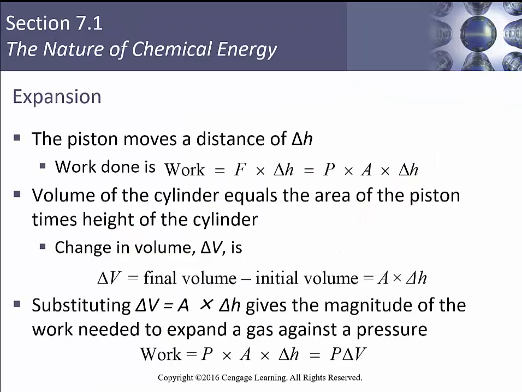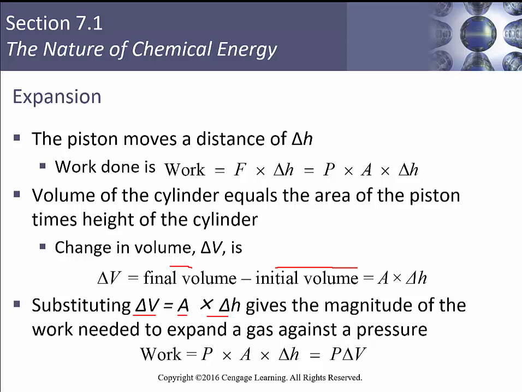So our piston is going to move a distance delta H, or D. So our work is going to be force times delta H, or pressure times the area times delta H. The volume of the cylinder is equal to the area of the piston times the height. So our change in volume, our delta V, is going to be our final volume minus our initial volume. So area times delta H, substituting in delta V equals area times delta H, gives the magnitude of the work needed to expand the gas against a given pressure.